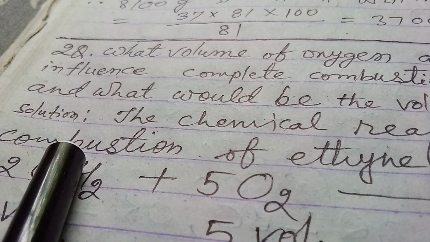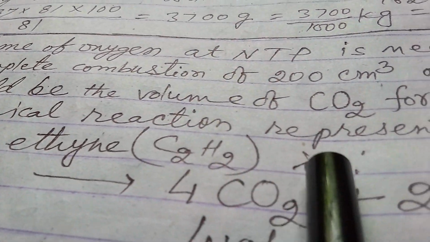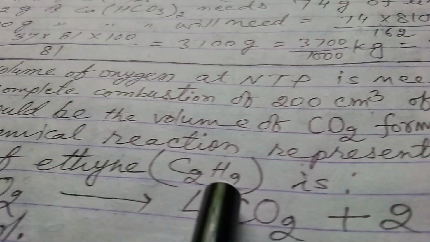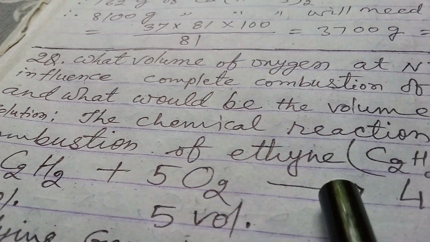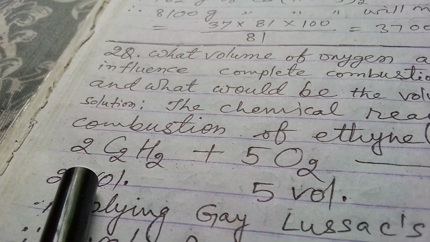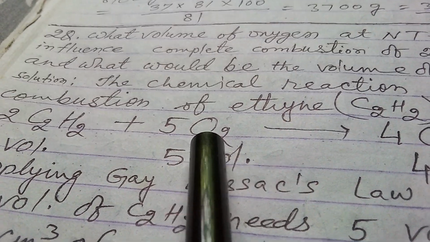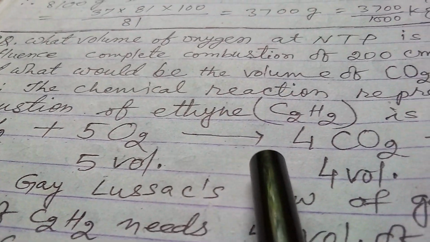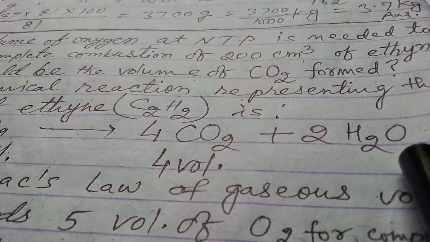So the solution is, the chemical reaction representing the combustion of ethyne C2H2 is 2C2H2 plus 5O2 gives 4CO2 plus 2H2O.